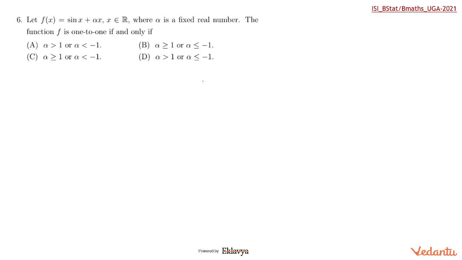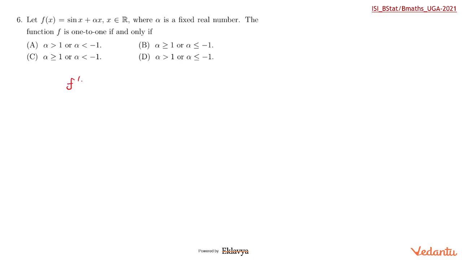Okay. Let f(x) is equal to sin x plus alpha x, x belongs to R, where alpha is a fixed real number. Then function f is 1 to 1 if and only if... A function is 1 to 1 means, as it is a continuous function, either it is strictly increasing or strictly decreasing.